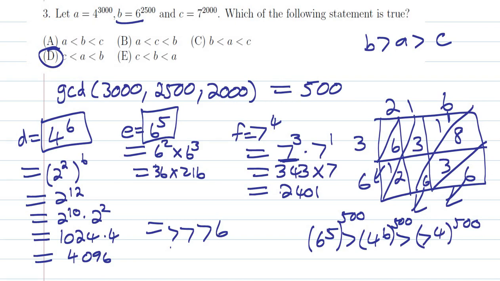And remember, you need to find clever ways to order this. These numbers are massive, but we want to know which is the biggest. It turns out to be B. Which is the second biggest? It turns out to be A. And which is the smallest? It turns out to be C.